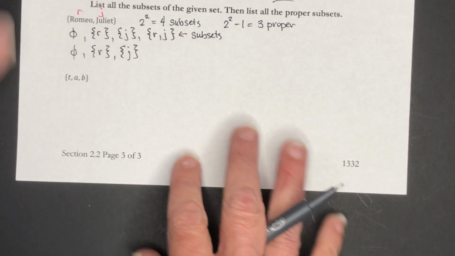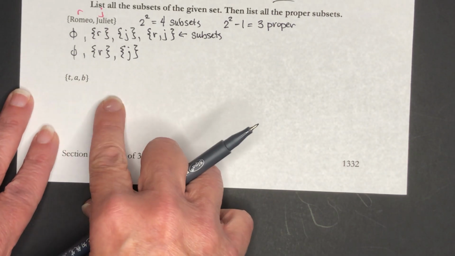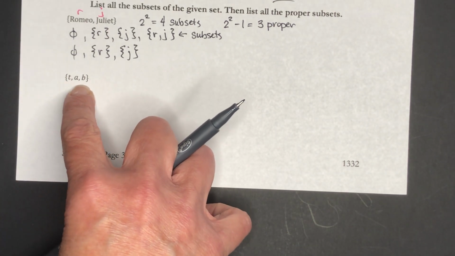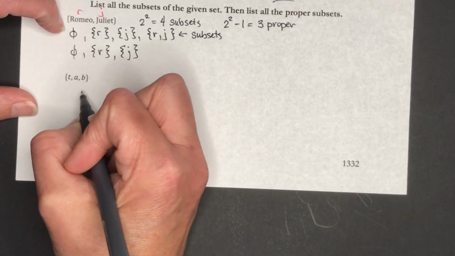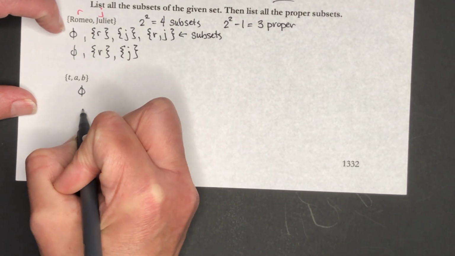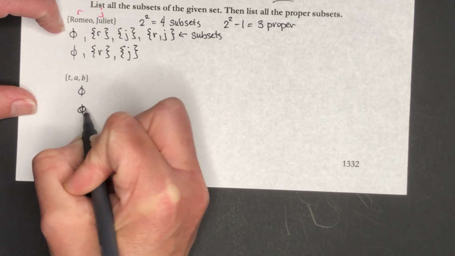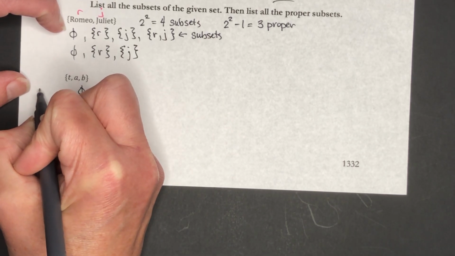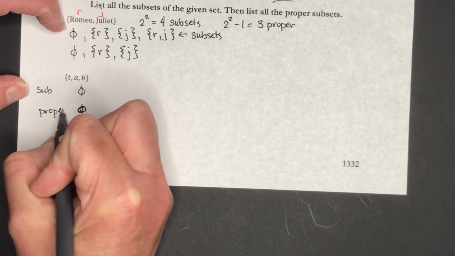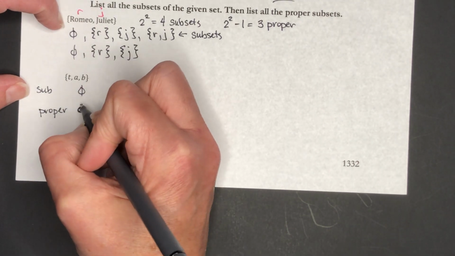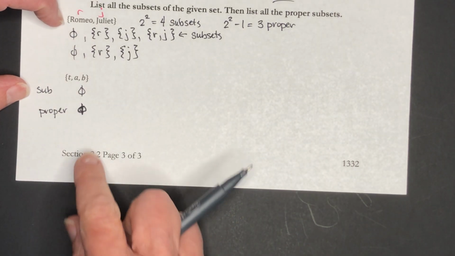Okay. Now here, this one has 3 elements, T, A, B. We're going to do the same thing. So I would have the empty set in both of them. Let's just do it this way. Okay, I can list these at the same time.